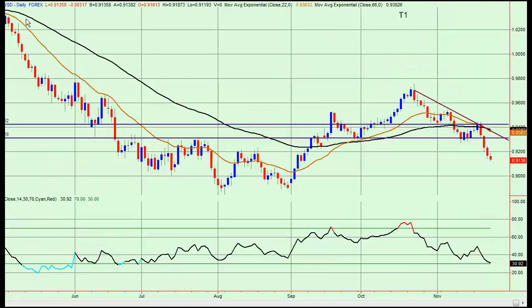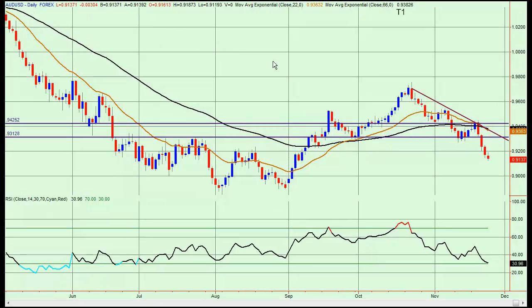Here we have the Australian dollar against the US dollar. Since September of this year, the Aussie dollar was gaining strength against the US dollar, but it reached an area of resistance up here at the 0.97 level. It pulled down and created a lower high, so by drawing a line from there to there, we've got a trend line.